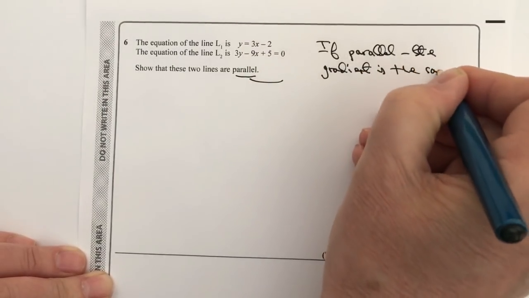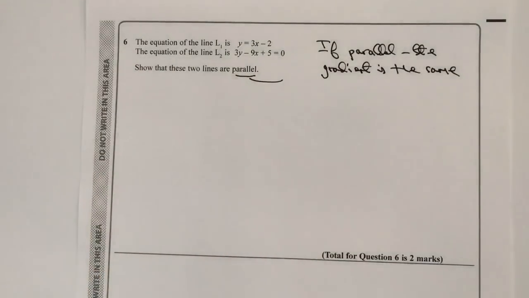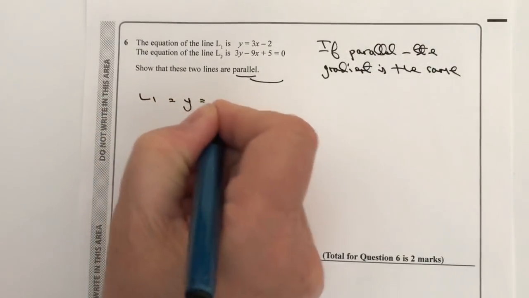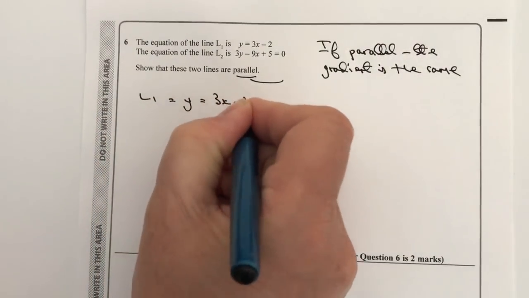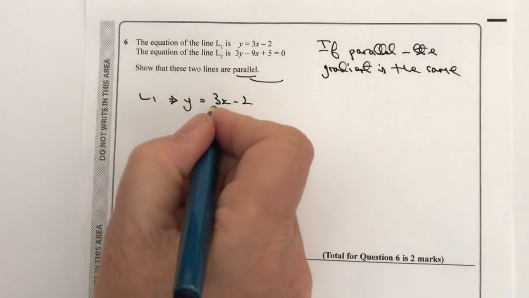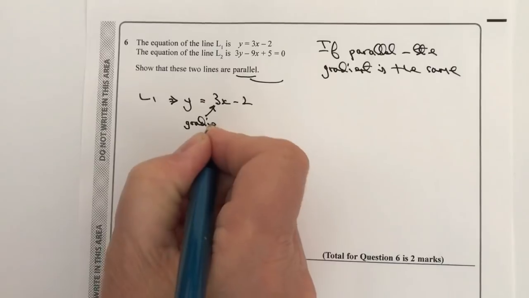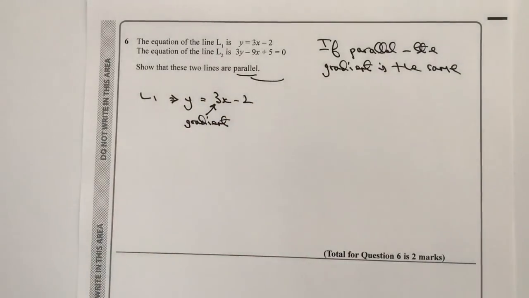So what we can say is if we look at line 1, we've got L1: y equals 3x minus 2. The gradient is 3. This is the gradient here. And all we need to do with L2 is rearrange it to be able to show that the gradient is the same. So let's have a look at that.